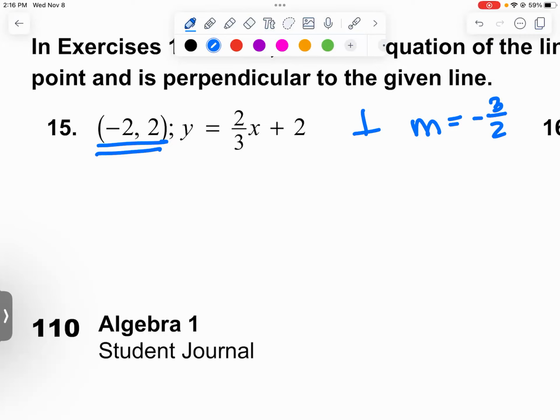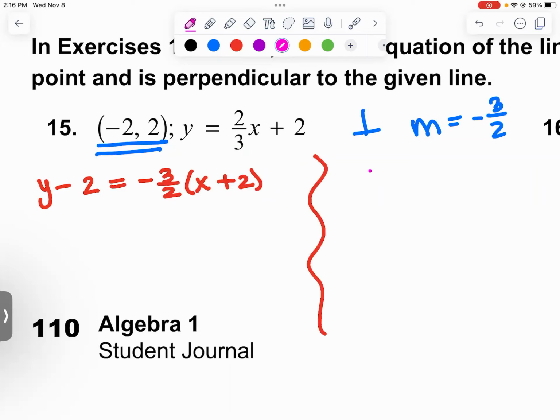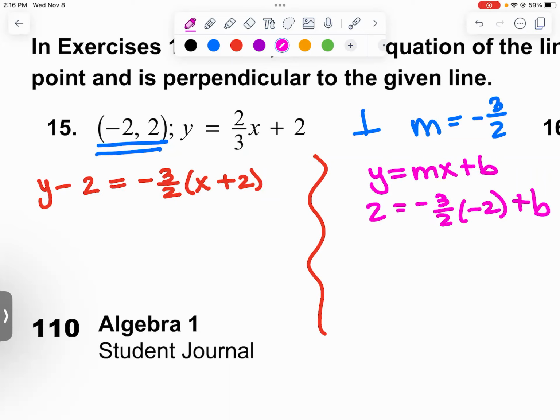Okay, so you could do one of two things. You could use point slope form, or you could use slope intercept form to solve for b. You decide which one works for you, and I want you to go ahead and continue with the algebra.